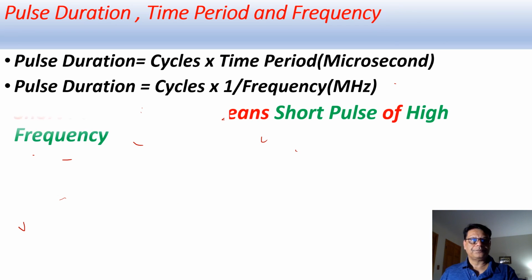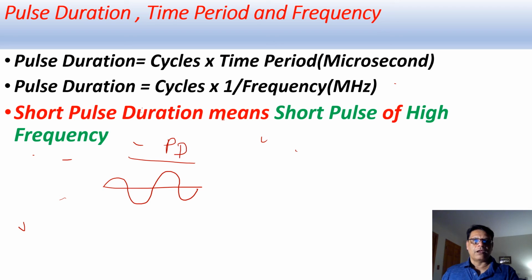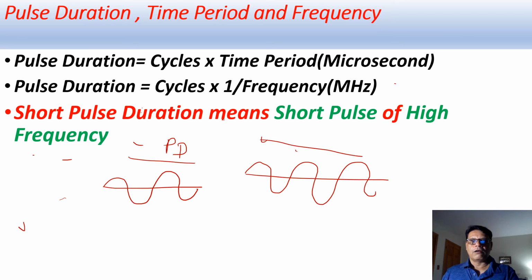Short pulse duration means short pulses. We have already discussed that a short pulse will take less time to be created, so its pulse duration will be short. And if a pulse is long, it will take a long time to be created, so its pulse duration will be high.